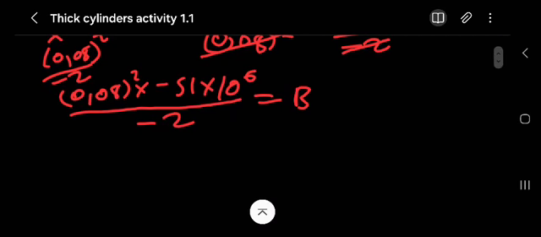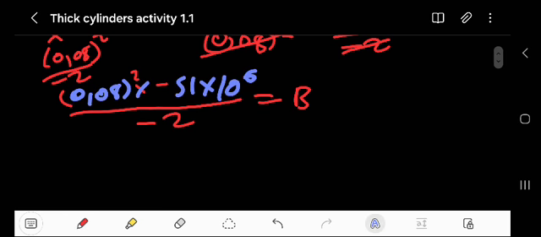Then it's a matter of punching it into the calculator: 0.08 squared times minus 51 times 10 to the power of 6 divided by negative 2.